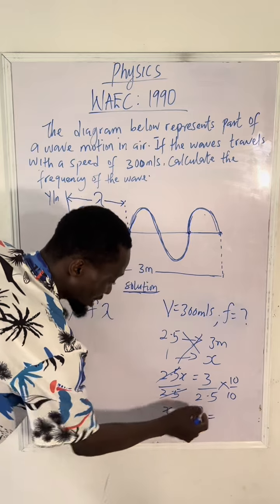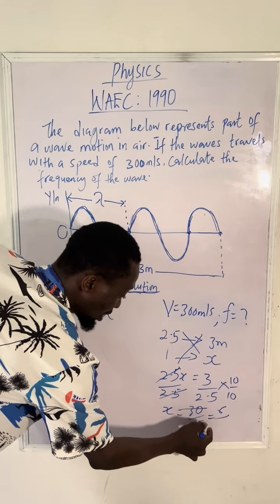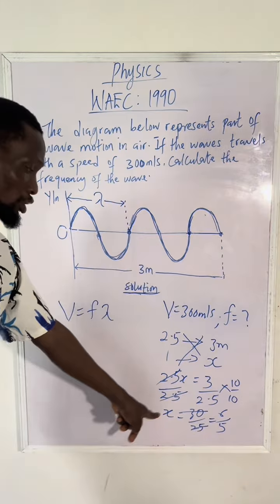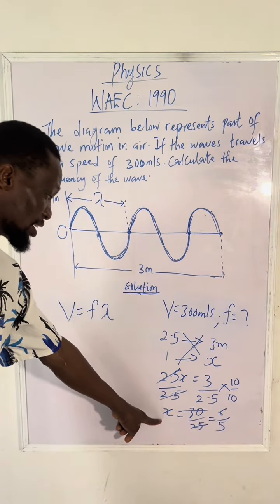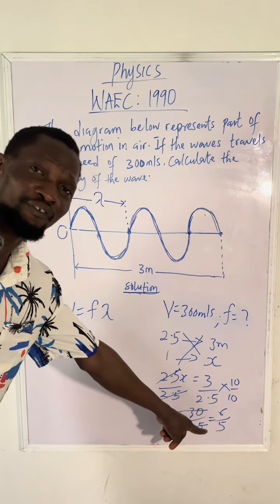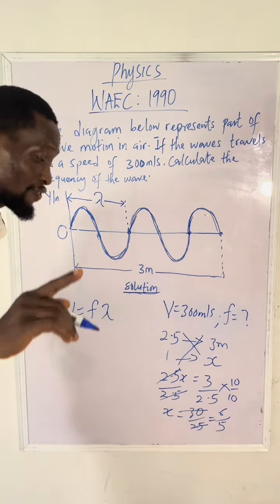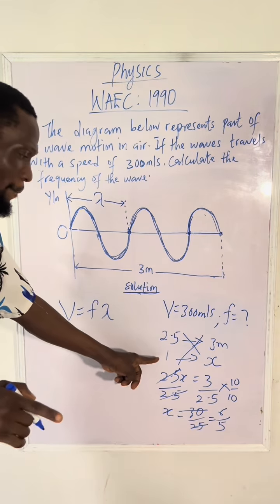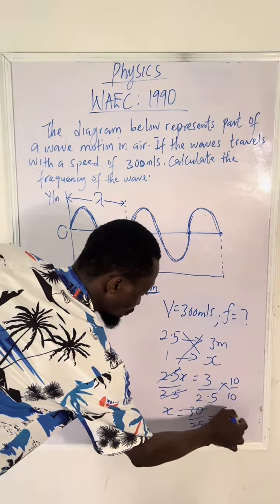Now I can say 5 here 6, 5 here 5. So my wavelength is going to be 6 over 5 meters.